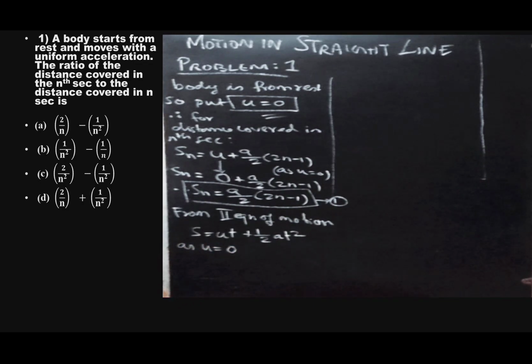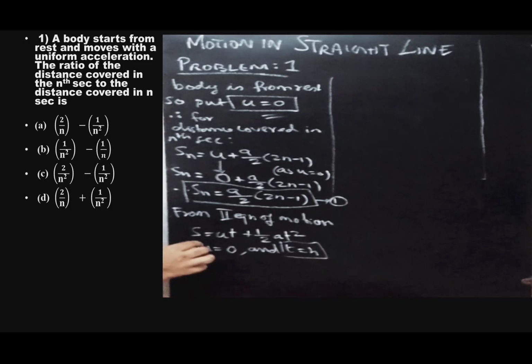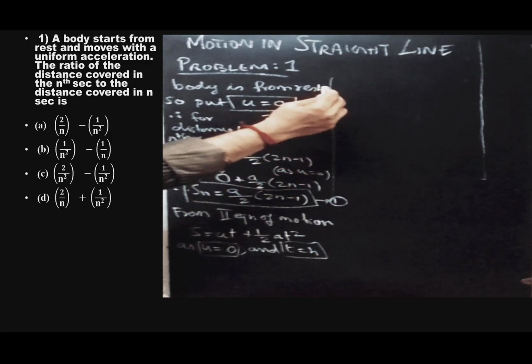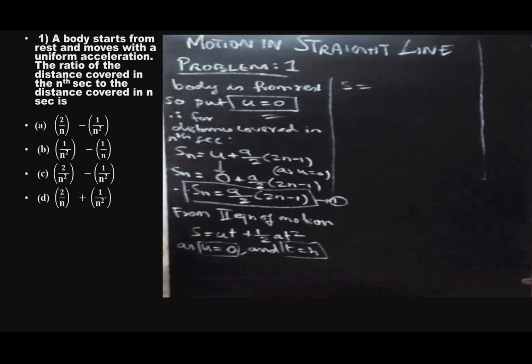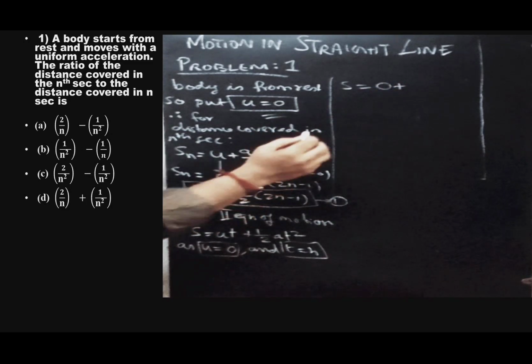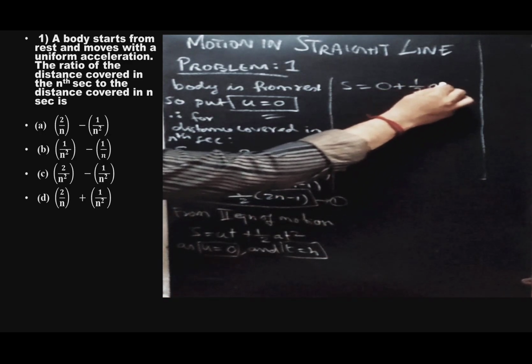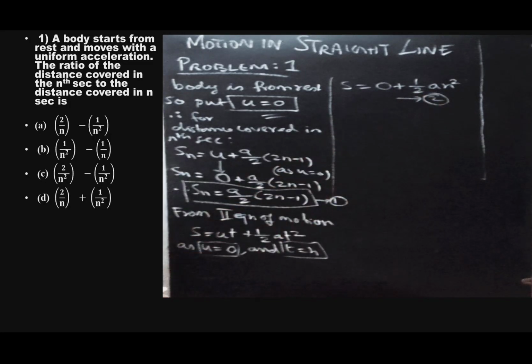When I substitute it, and t is substituted as n, S is equal to 0 plus half a n square. So S is equal to half a n square. I take that as equation number 2.